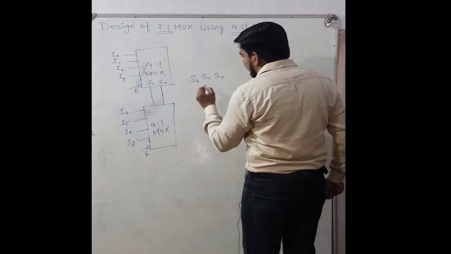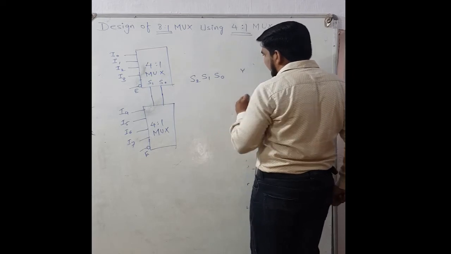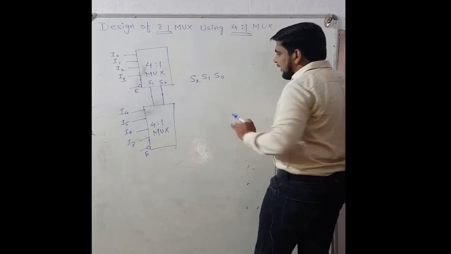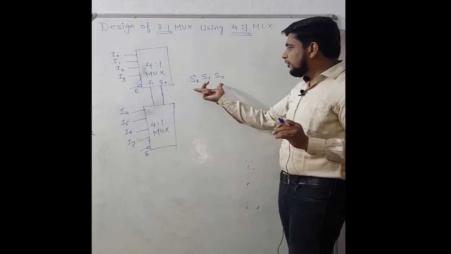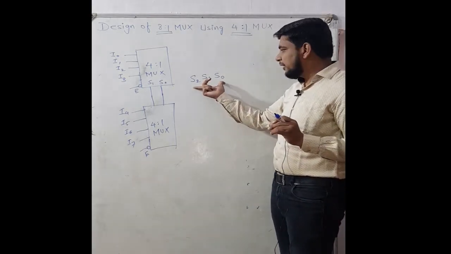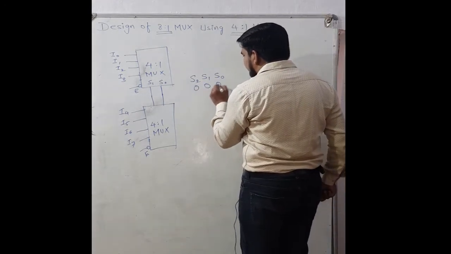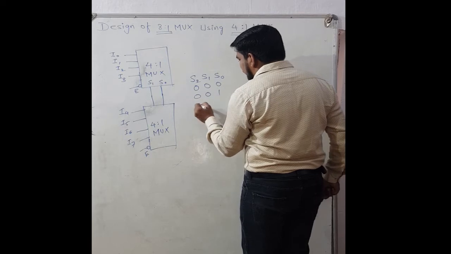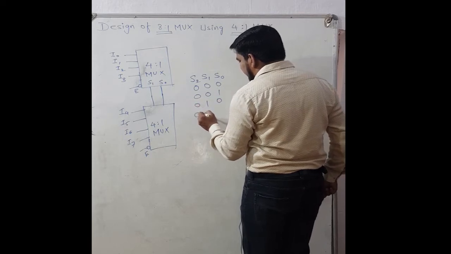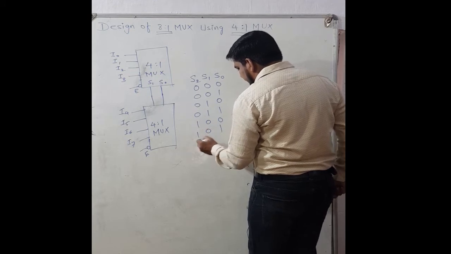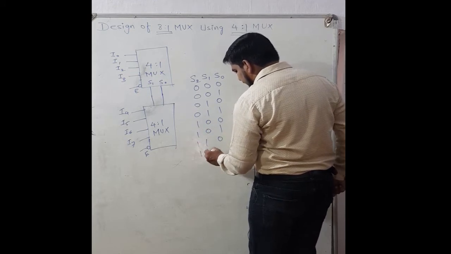Now, this is the output Y. Instead of writing the output, we will write the combination of 3 bit digits, starting from 0 0 0, 1, 2, 3, 4, 5, 6 and 7.